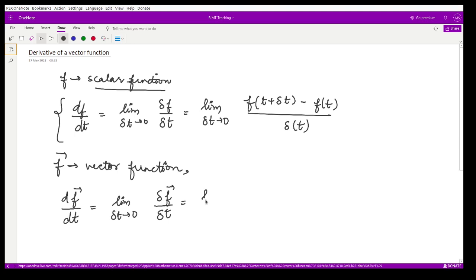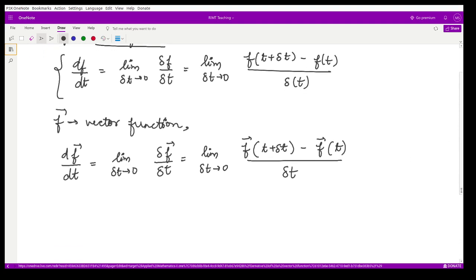Its definition would be the limit as delta t goes to 0 of the vector function f defined at the point t plus delta t minus the function f defined at the point t, divided by delta t. So this is the definition which defines the derivative.